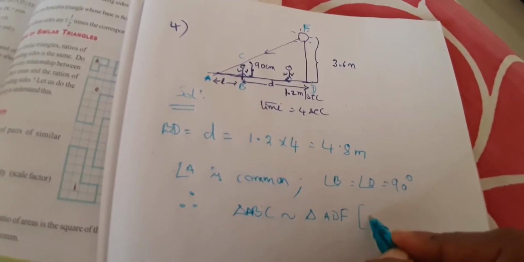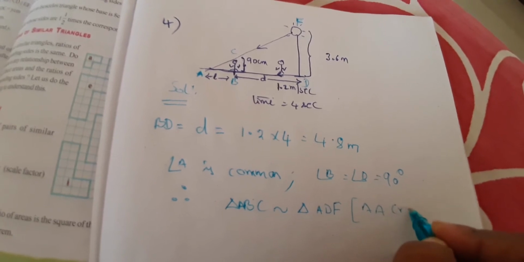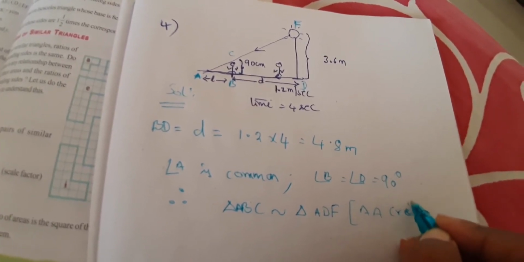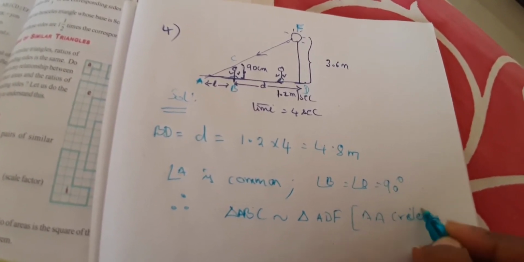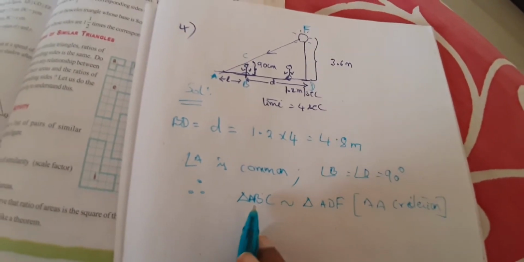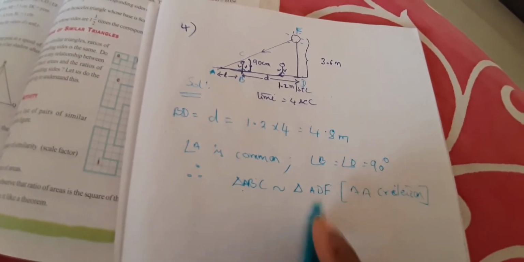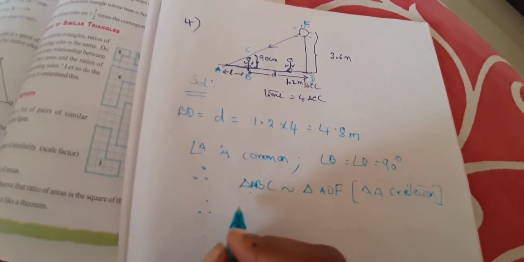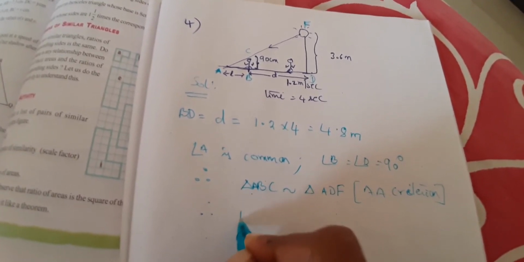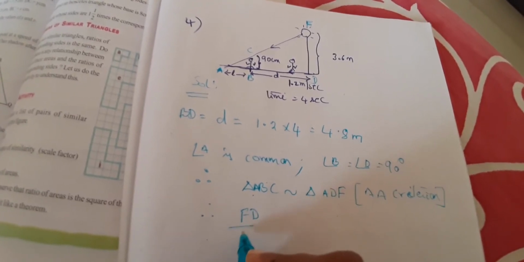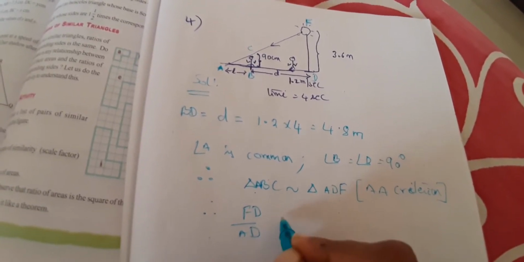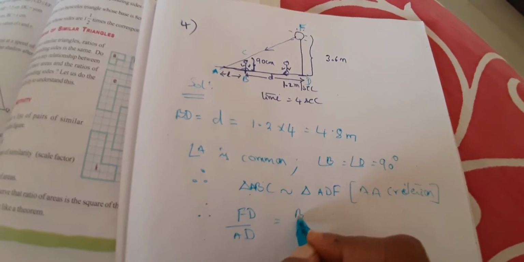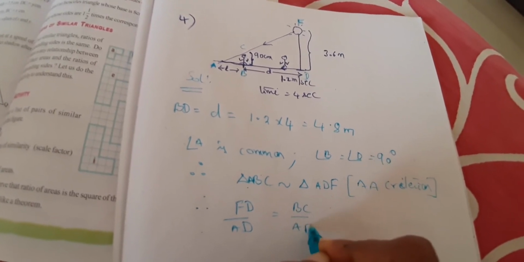Why? Because from the angle criterion, triangle ABC is similar to triangle ADF. So therefore, what can you say? Height by height is equal to base by base. Therefore, FD by AD is equal to BC by AB.